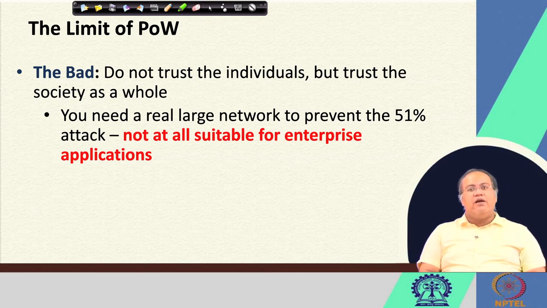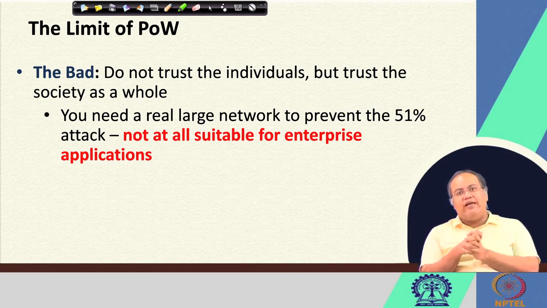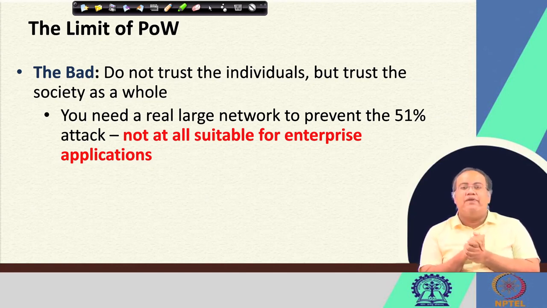It was not possible on Bitcoin because by the time people understood that a 51% attack is possible on a proof of work blockchain, the Bitcoin network had grown sufficiently large to prevent it. But that is not true for future open blockchain architectures, because attackers already know that such 51% attacks can be launched. So, whenever you are proposing a new blockchain architecture or a new blockchain application with a proof of work consensus mechanism, unless you are able to ensure that during the bootstrap itself your network will be sufficiently large.